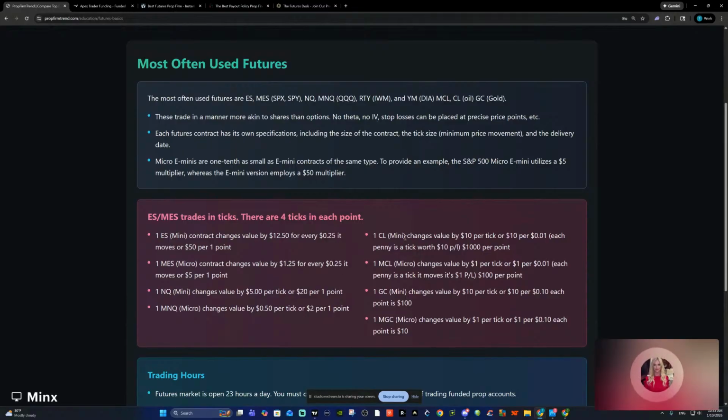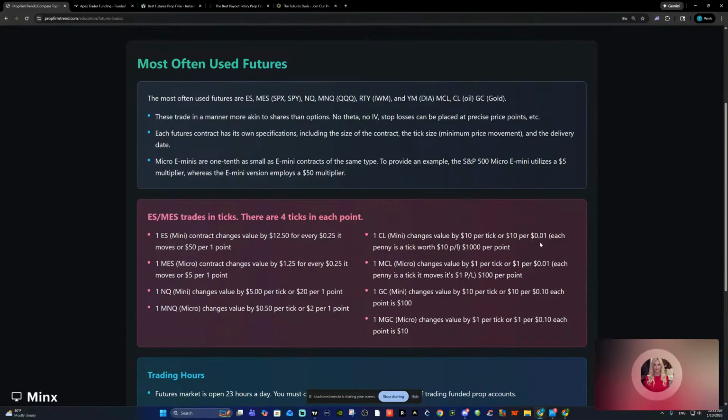To give you a contrast, the first time I traded oil, a lot of it was trial and error. I got into a trade, and I look at it, and I'm like, why am I down $80? It didn't even move. Well, one CL, or mini, changes value by $10 per tick, or $10 per 1 penny.